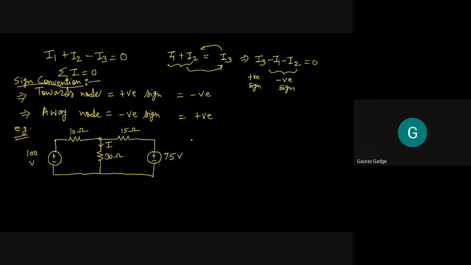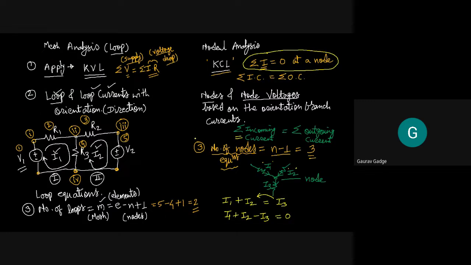Okay, so before getting the solution to this particular network, I just want to do the revision of the points which we discussed. Nodal analysis is the topic for today's class. Like mesh analysis, where we use KVL to form the equation, in nodal we are going to use KCL, Kirchhoff's current law.